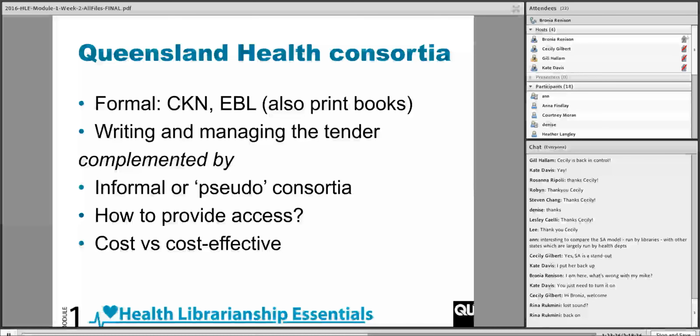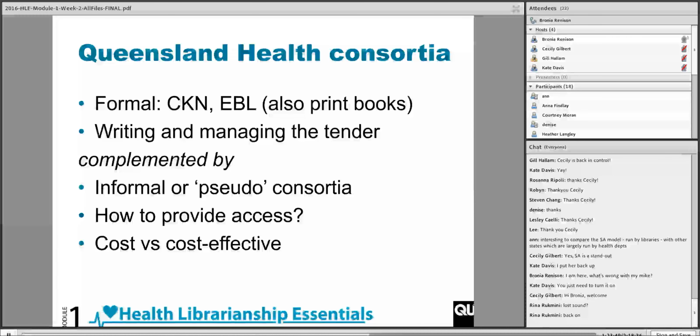CKN purchases a number of databases with linked full-text resources and other packages. And I think we have a screenshot of that somewhere, probably in the ones offline. The other formal agreement we have is a smaller one, EBL, eBook Library, which was started some years ago when Queensland Health was one of the monolithic government departments.